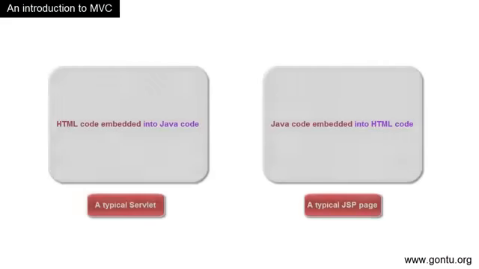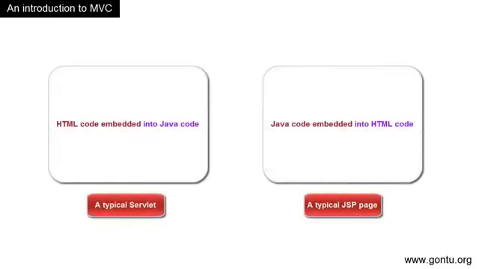Many people in IT industry argued that the approach developers follow in both ways is not so good. A typical JSP page or a servlet which developers write would have two things or responsibilities mixed together.